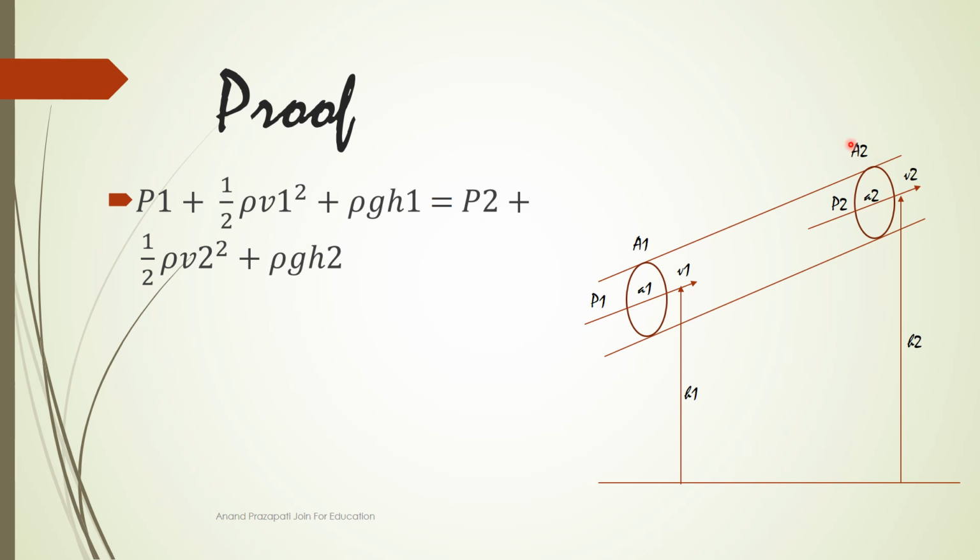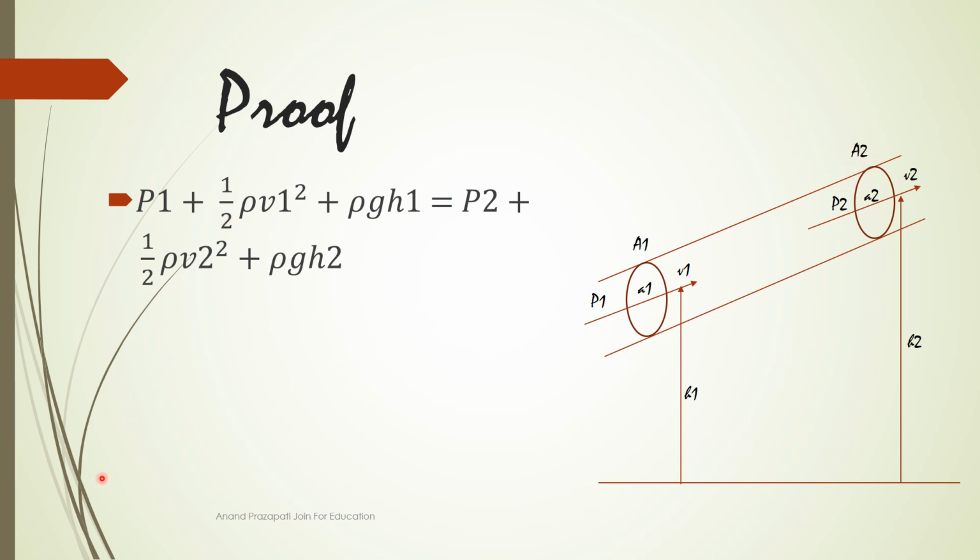Similarly, at the point A2, the pressure of the liquid plus half the density of the liquid times the velocity square plus the density of the liquid times acceleration due to gravity times the height from the surface of the earth. So the pressure, density, velocity and height at the point A1 is equal to that at the point A2.